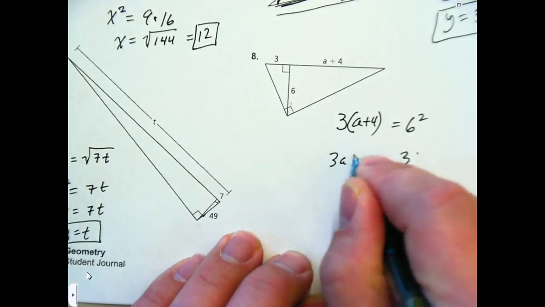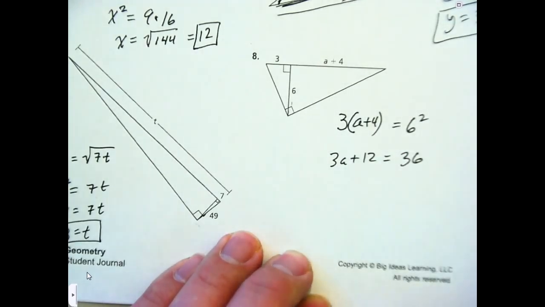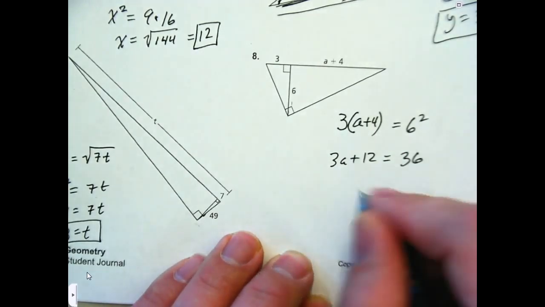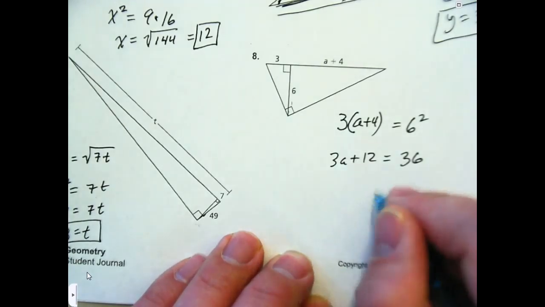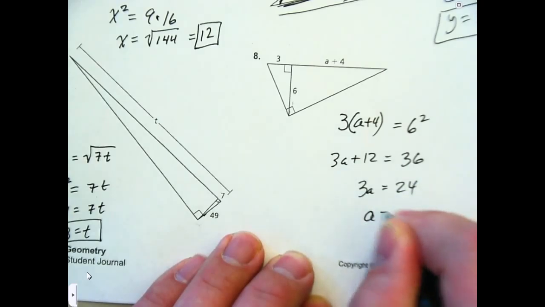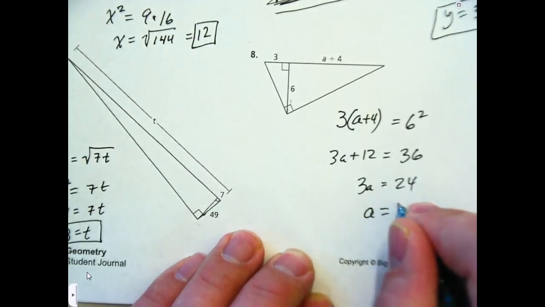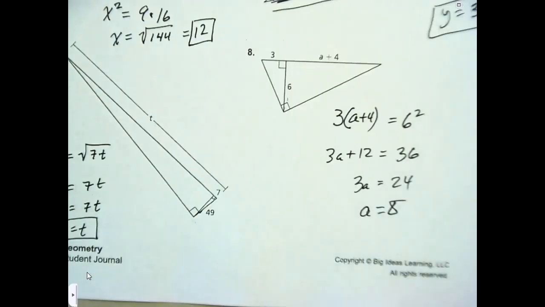Okay, 3a plus 12, distribute there, equals 36. That's one route to go, for sure. What's next? Yeah, Alex? So I subtracted 12 from 36. Okay, and got 24 equals 3a. And so what's a? So it would be 8. A would be 8. How many got 8? Well done. All right. Any questions?